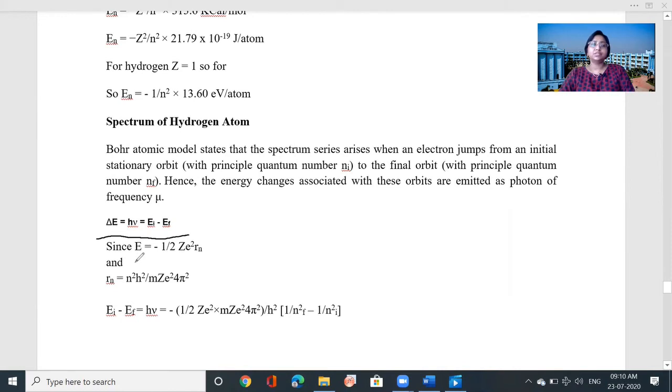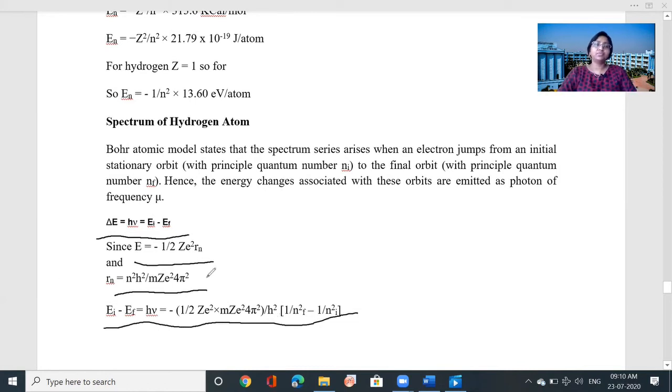Since we know that E is equal to minus 1/2 Ze square by rn, and rn is equal to n square h square by 4 pi square m Ze square, we can calculate Ei minus Ef for both orbits.